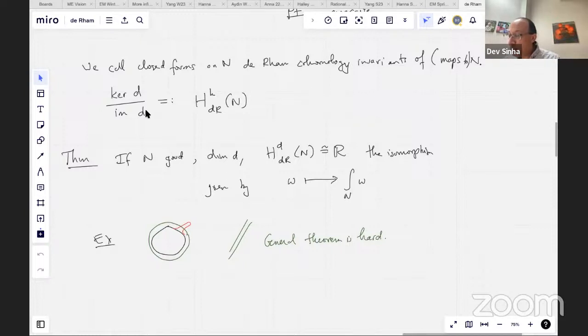So this is part of something called, it's sort of a first key case of Poincare duality. Okay, but let's take this hard theorem and apply it.